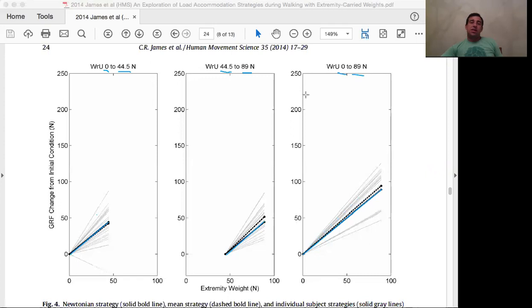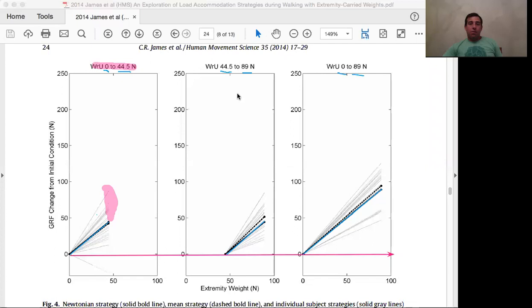And so what you're going to see in the first one, going from 0 to 44.5, so 0 to the second condition, which is the lesser mass added, these people, what would you classify them as? Above the line is super Newtonian, okay? If I was fully accommodating, let me draw that line for you. The fully accommodating line for all of them would be right there. That's fully accommodating. And you have nobody in that area.